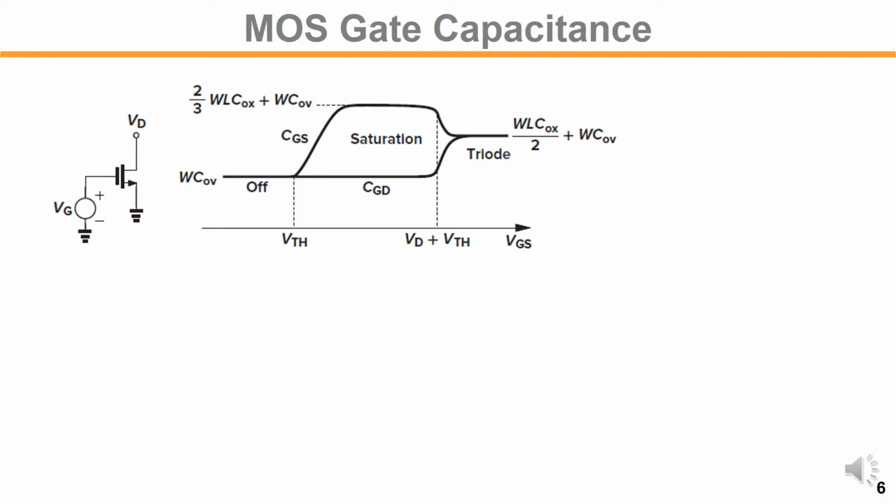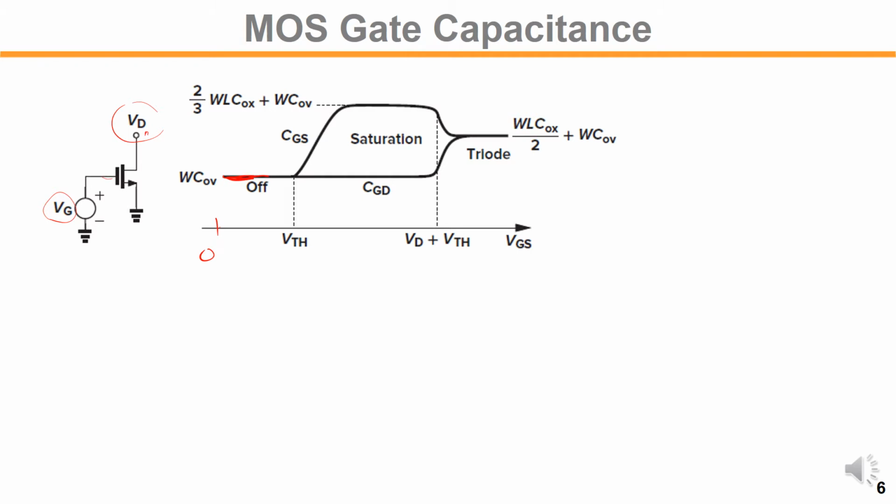We will take a look at the MOS capacitance for different gate voltages. For example, we drive a certain drain voltage and then start increasing the gate voltage from 0 to higher. Once VG is at 0, the transistor is off, so CGS will be 0.